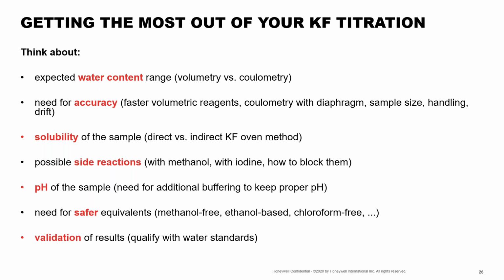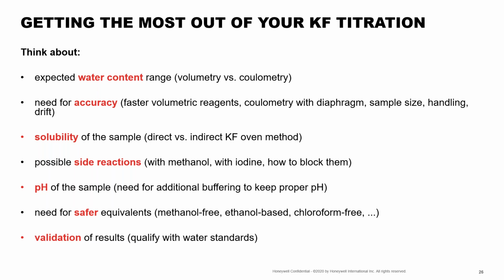So we're going to need to consider solubility. We learned that we can work with different co-solvents, as well as having some other methods available to us to maximize the solubility of our sample. We learned that certain samples will undergo side reactions with portions of our Karl Fischer reagent system and how we can block some of those using different reagents.